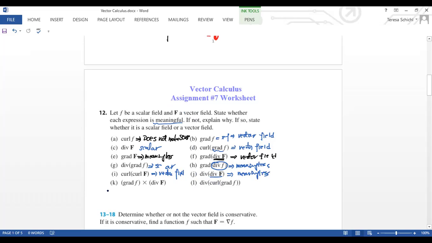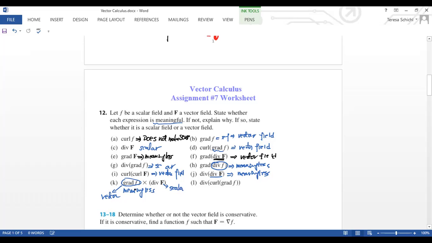Okay, gradient cross product divergence. The gradient is a vector, and the divergence is a constant. Vector cross a constant: can we do that? No, so this one is meaningless, because this is a vector field and this is a scalar.